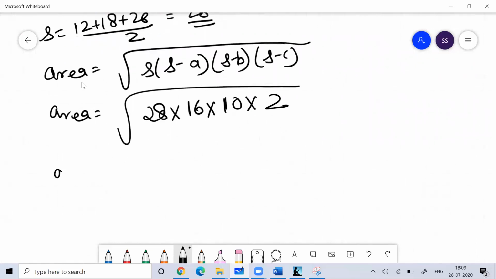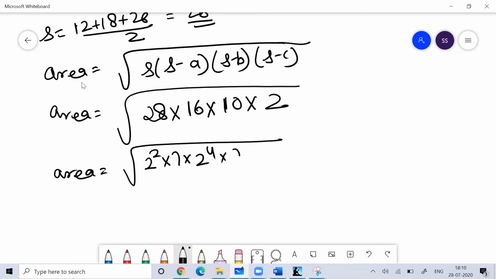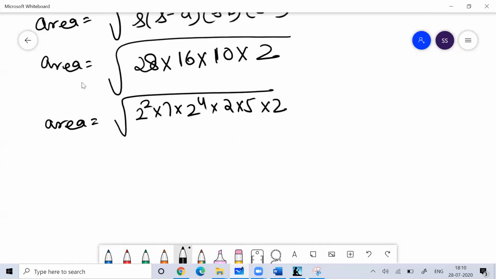Now this 28 I can write as 14 into 2, and 14 as 2 into 7, so 2 squared into 7. This 16 is 2 to the power 4, this 10 is 2 into 5, and this is 2.